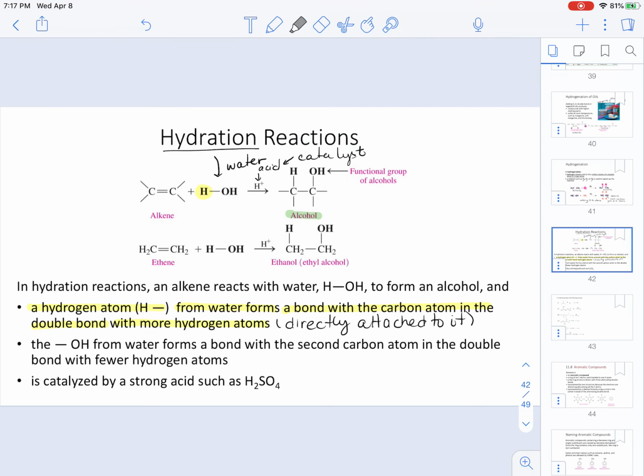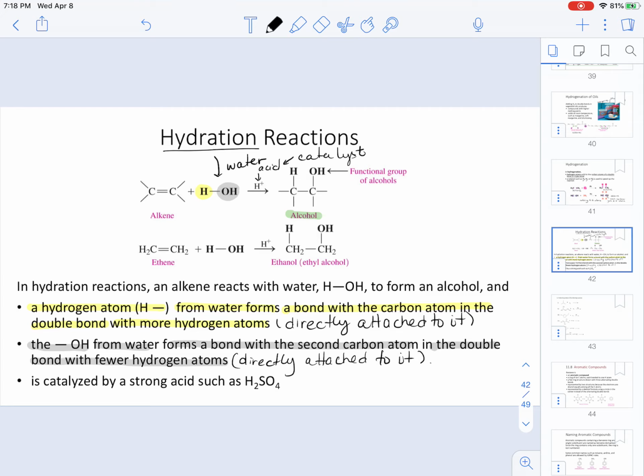When it comes to the hydroxyl group, the hydroxyl group from water is going to form a bond with the second carbon atom in the double bond, meaning the carbon that has the fewest hydrogen atoms directly attached to it.